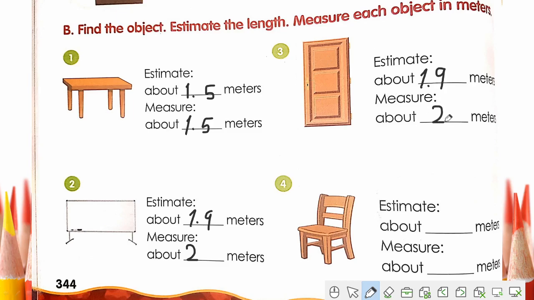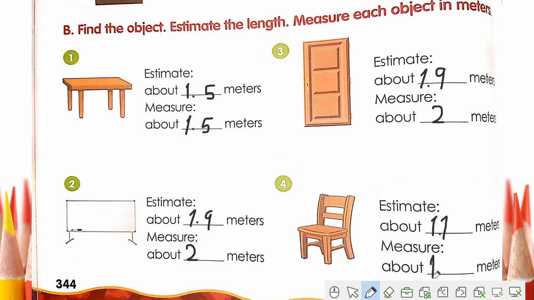I measured my room's door. It was 2 meters long. And I measured the length of the kitchen's chair. It was 1.1, or you'll find it 1 meter.